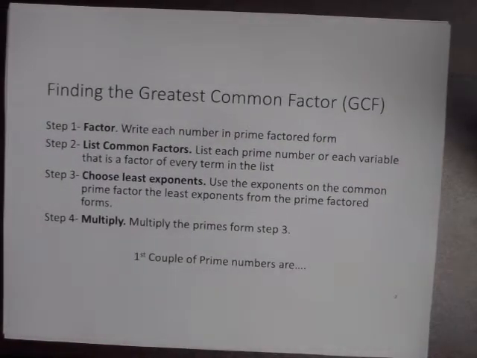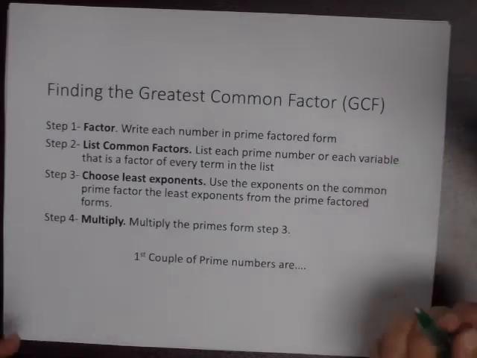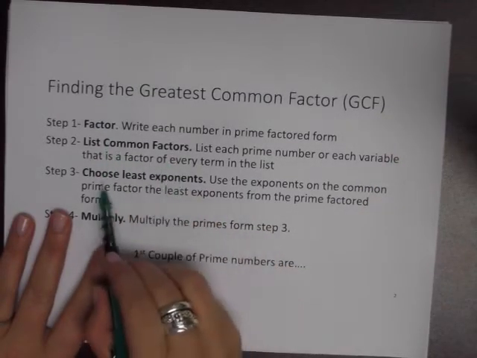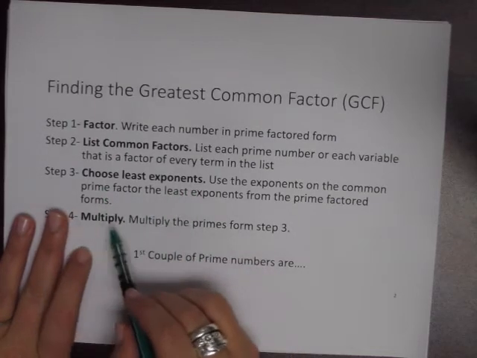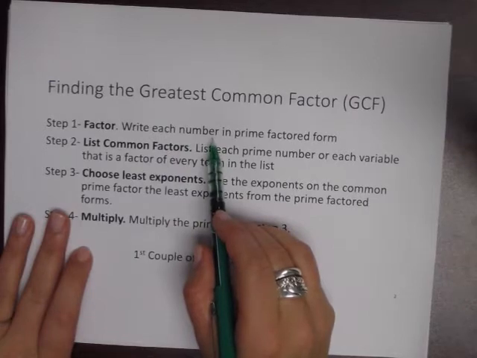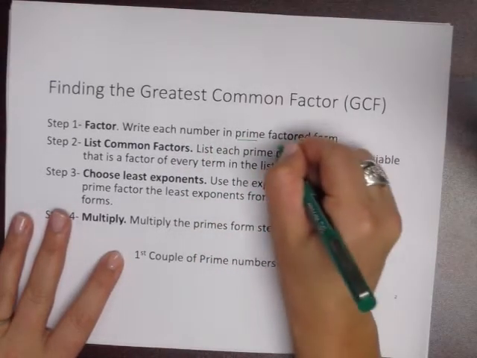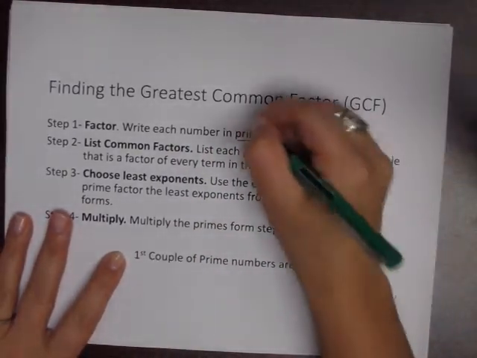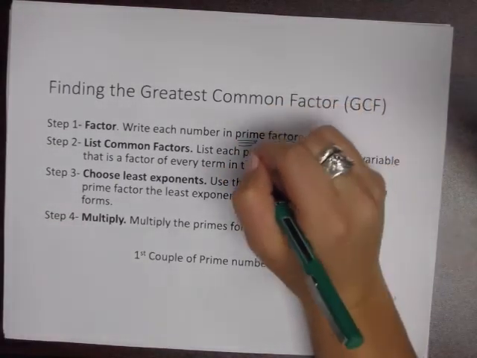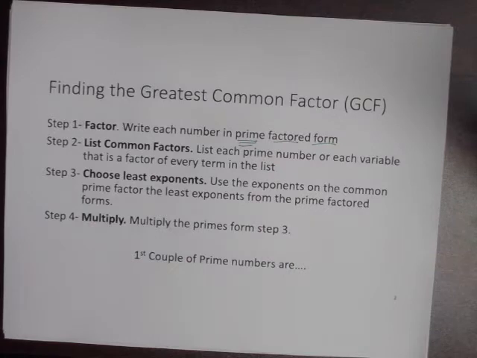So, define the greatest common factor, or the GCF, that's what we call it. First step is to factor, then you list your common factors, you choose your least exponent, and you multiply. Whenever you factor, you have to write out each number in prime factored form. And prime is just a really important number. It means that it's only divisible by 1 and itself.